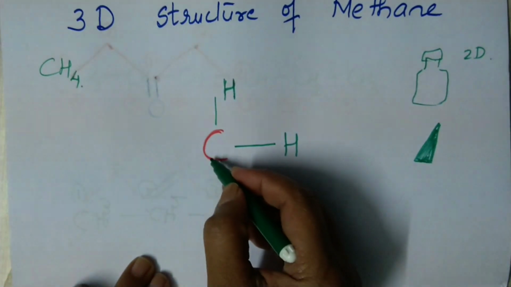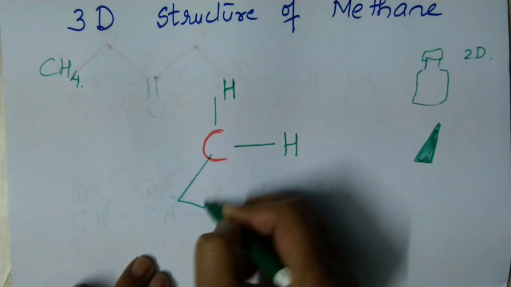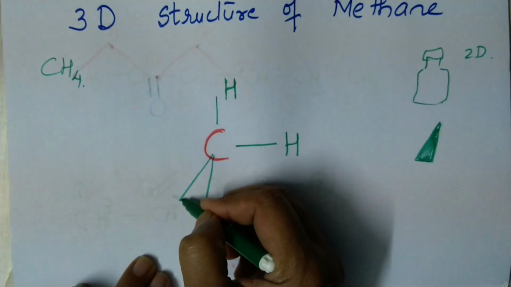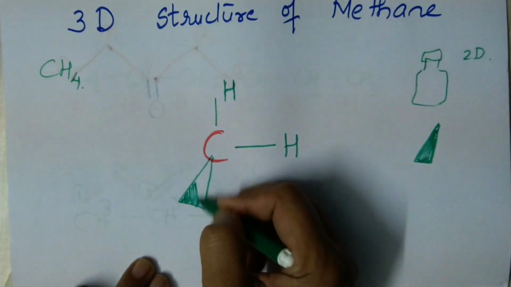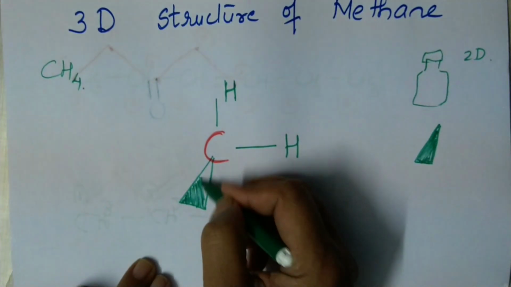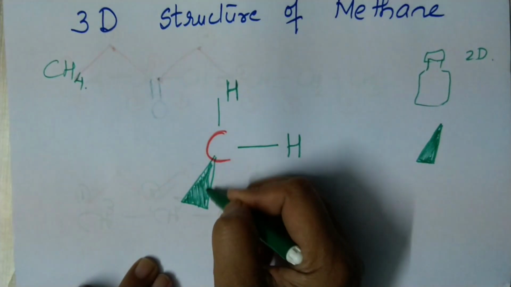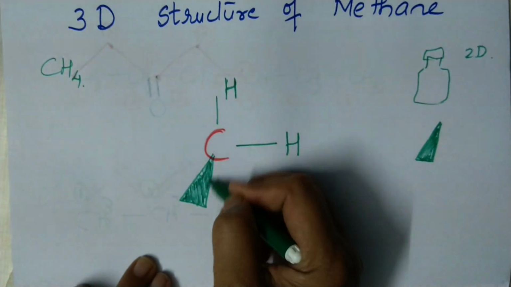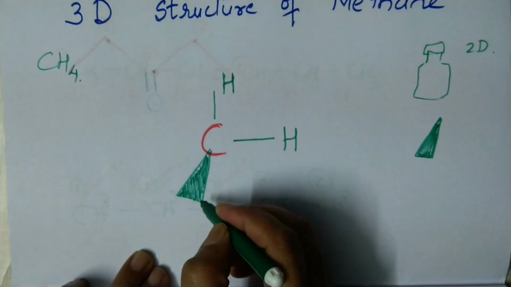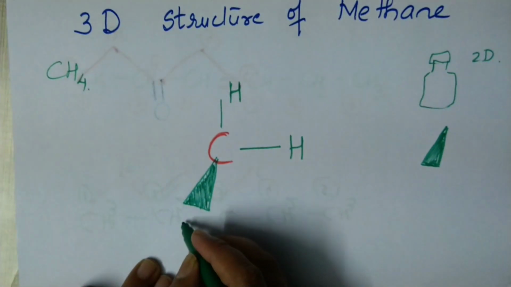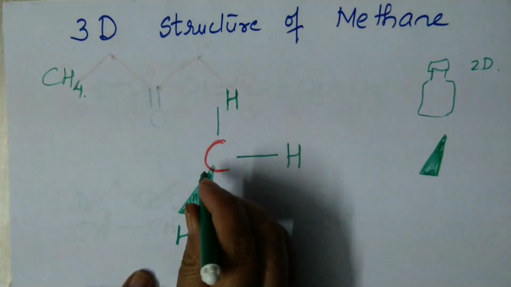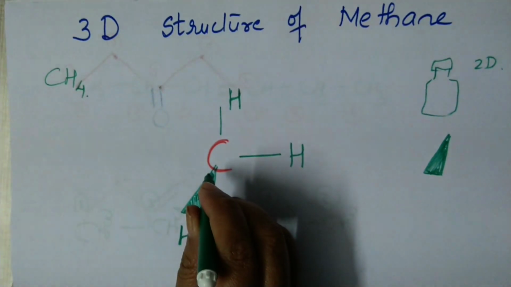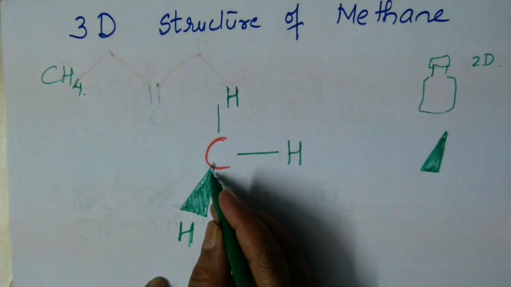The wider part of the wedge is facing the observer. Who is the observer? You are the observer, right? So this is darkened completely. And why have I widened it? Because the wider part is just to show that it is near to you. This hydrogen atom is near to you. Therefore, the wider part is shown towards you.